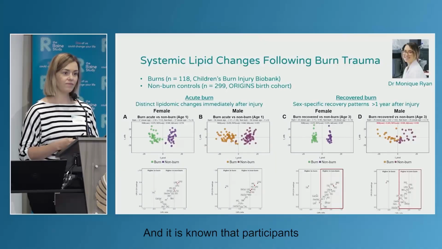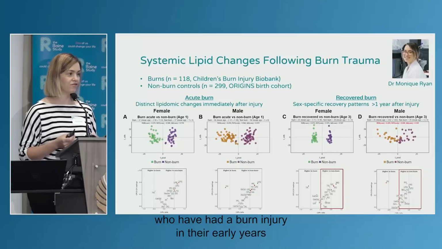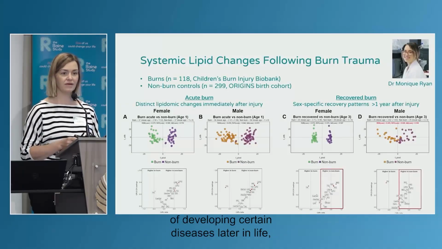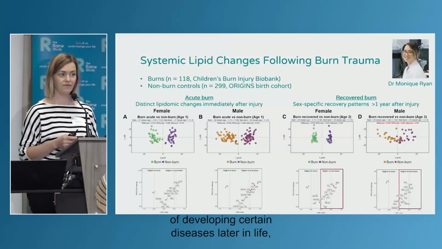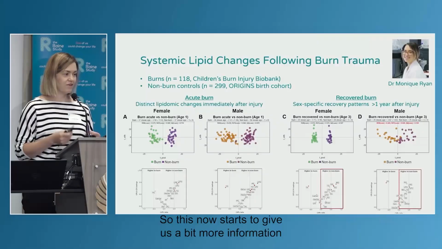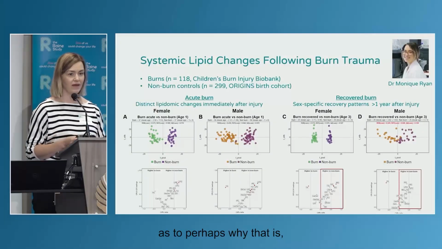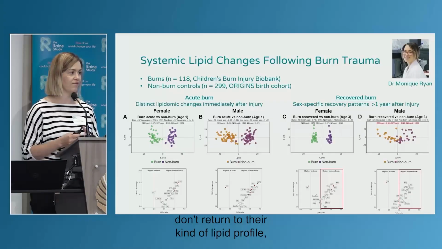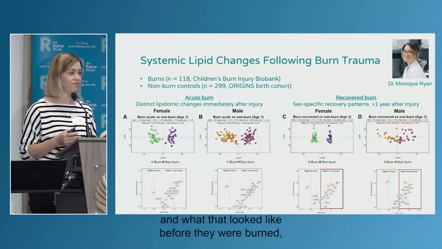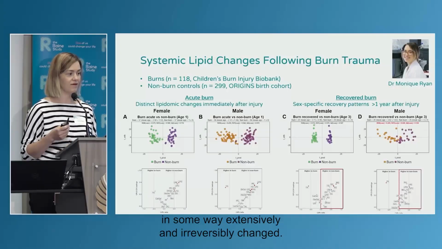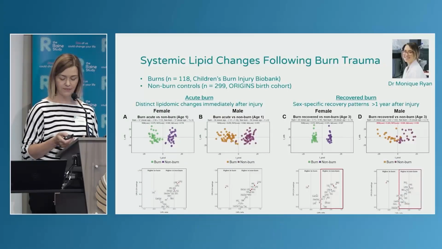And it is known that participants who have had a burn injury in their early years are at a much higher risk of developing certain diseases later in life, cardiometabolic diseases in particular. So this now starts to give us a bit more information as to perhaps why that is. Why is it that these individuals don't return to their lipid profile and what that looked like before their burn, but it's actually been in some way extensively and irreversibly changed.